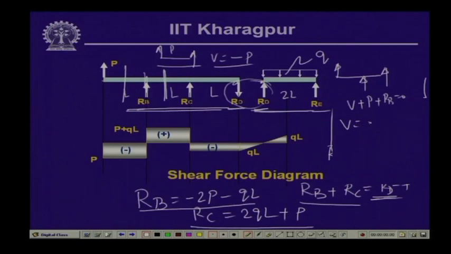So, V is equal to minus P minus R b, and R b is equal to minus 2 P minus Q L. So, this is plus twice P plus Q L. So, that gives us a value of P plus Q L. So, here we get a shear force of magnitude P plus Q L. So, from minus P it changes over to plus P plus Q L.